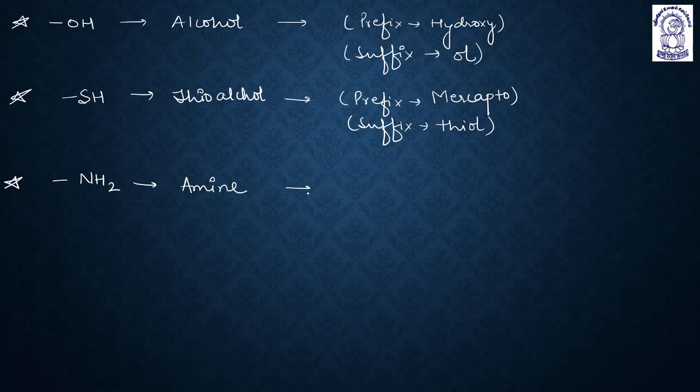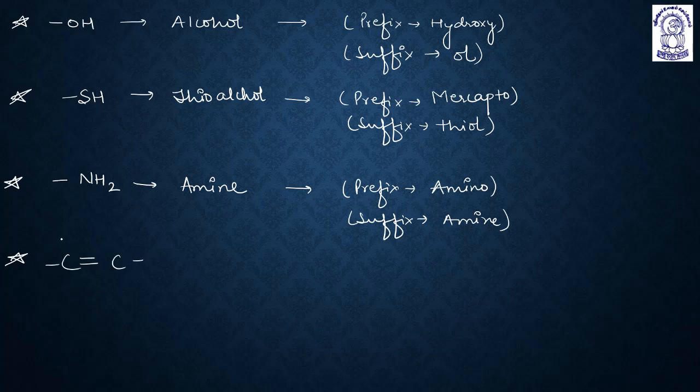Then NH2, amine, the prefix is amino, the suffix is amine. Then comes carbon carbon double bond. Okay. Alkene, the suffix is ene. Then comes carbon carbon triple bond.